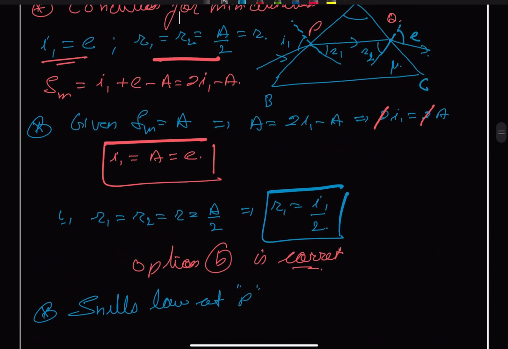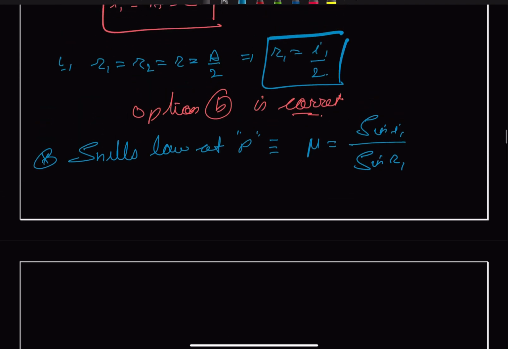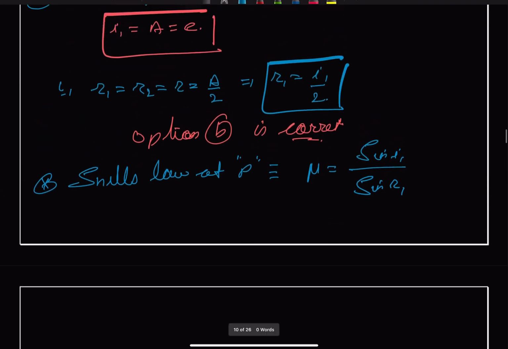So Snell's law gives us that mu is equal to sine of I1 divided by sine of R1, and I1 is equal to A and R1 is equal to A by 2.